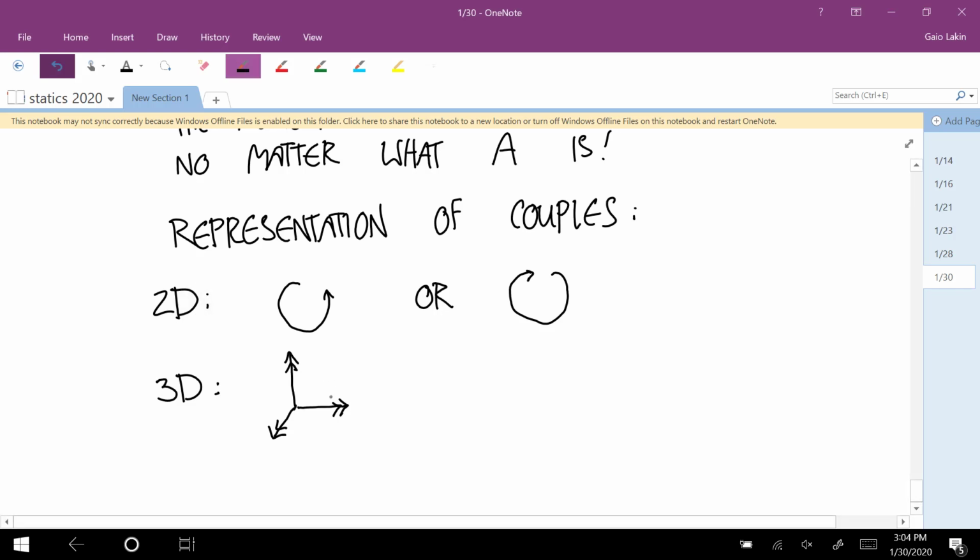And you won't always have all three. So if you see something like one like that, and one like that, that says that there's a couple in this direction and this direction, but not one in that particular direction. That can only be zero. Any questions about that?